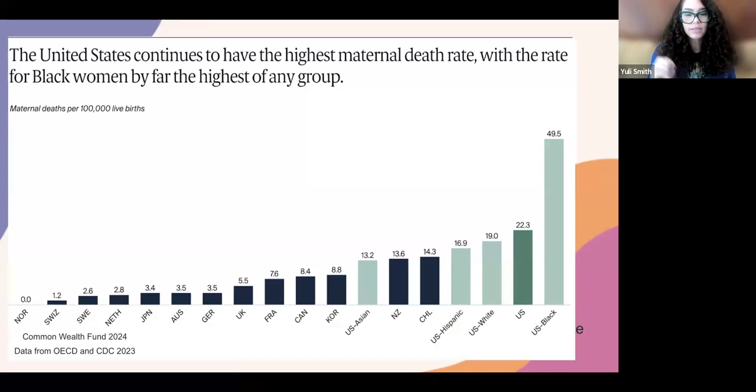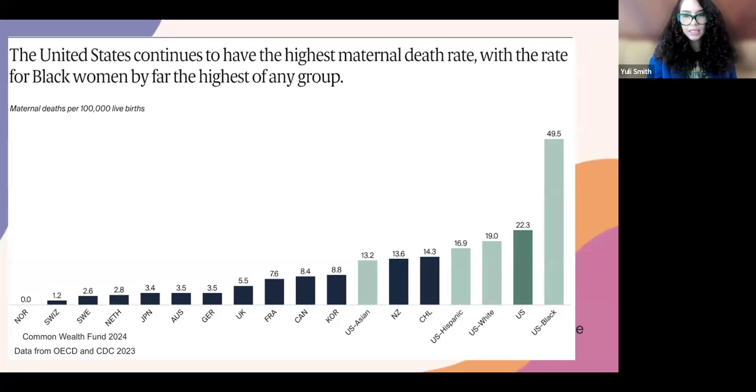So the US ranks about 22.3 deaths per 100,000 live births. That number almost triples when we look at Black women and Black birthing folks in the US, which is the very last column on our bar graph here.